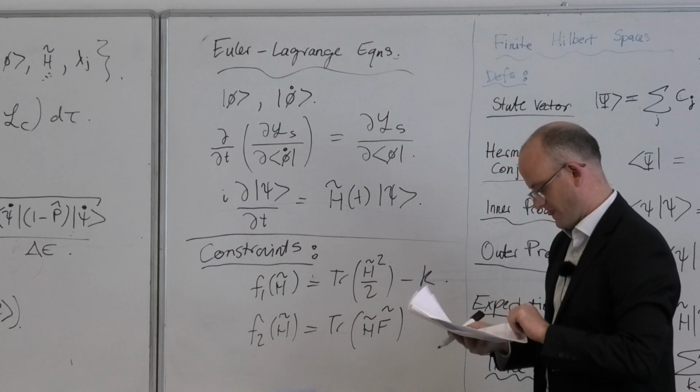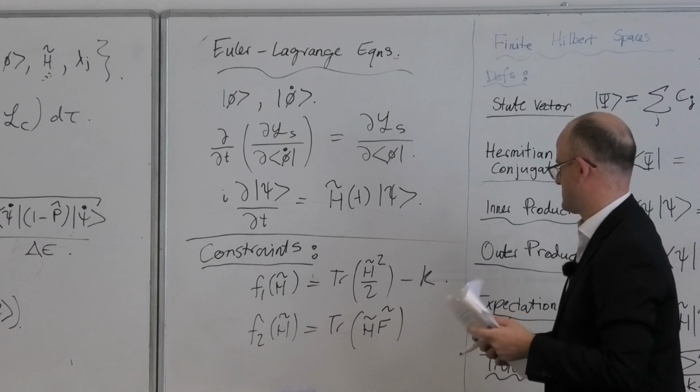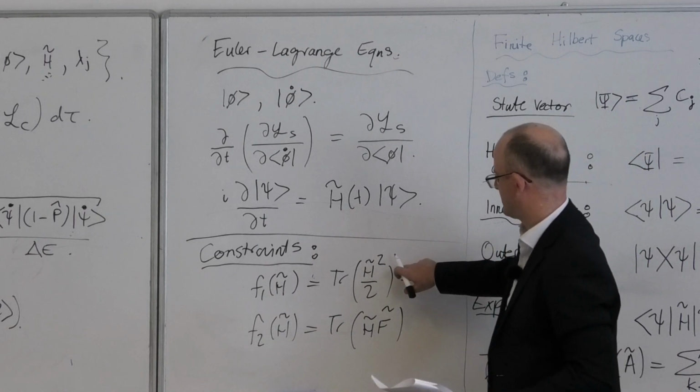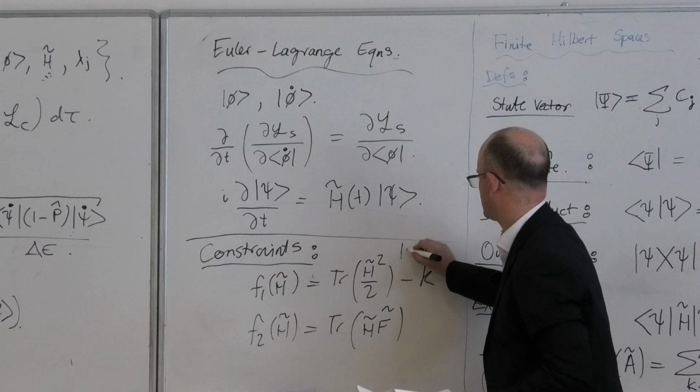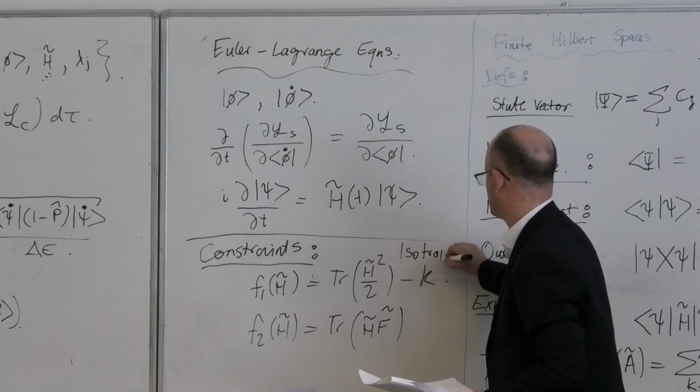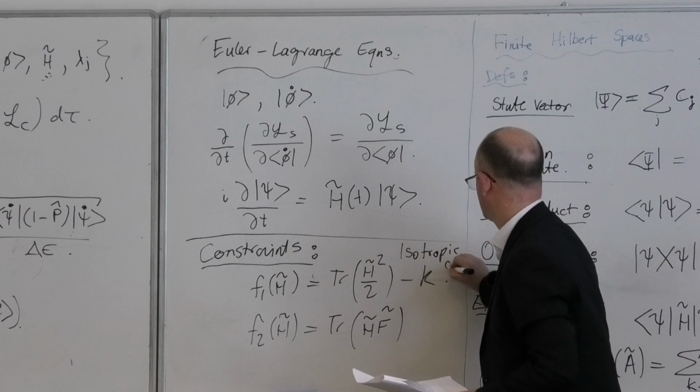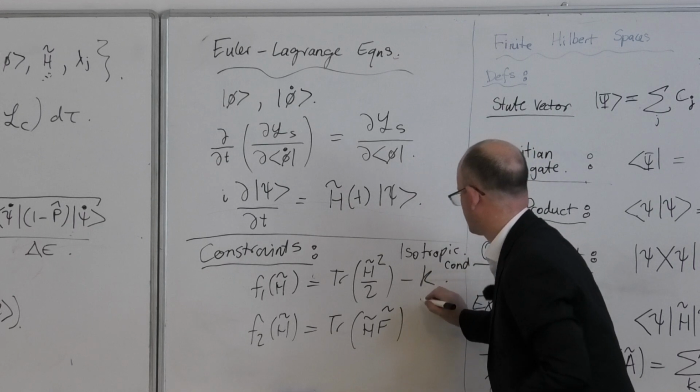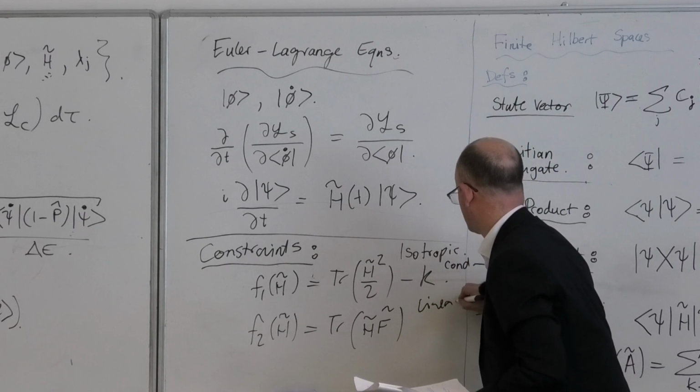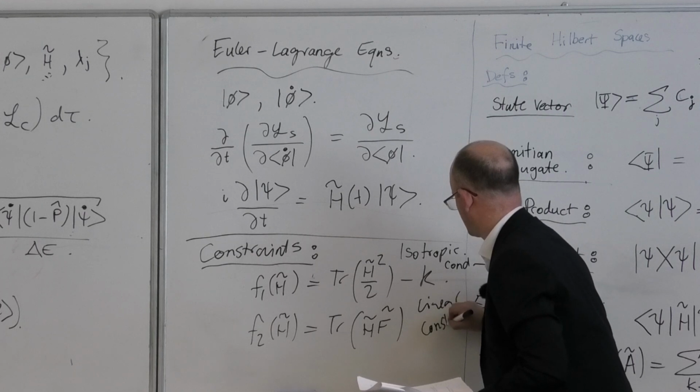What does this mean? This condition here is called the isotropic condition, and this is just a linear constraint. I'll show you what this means.